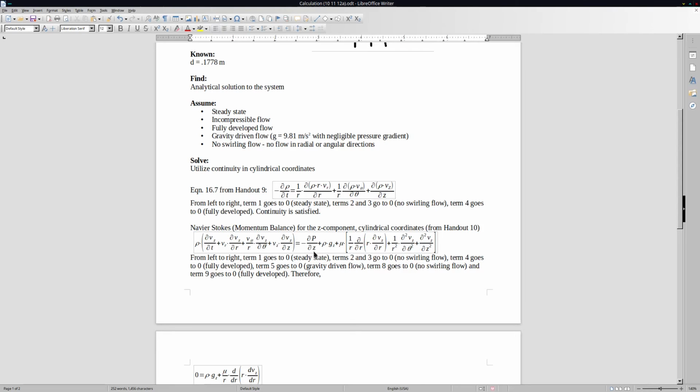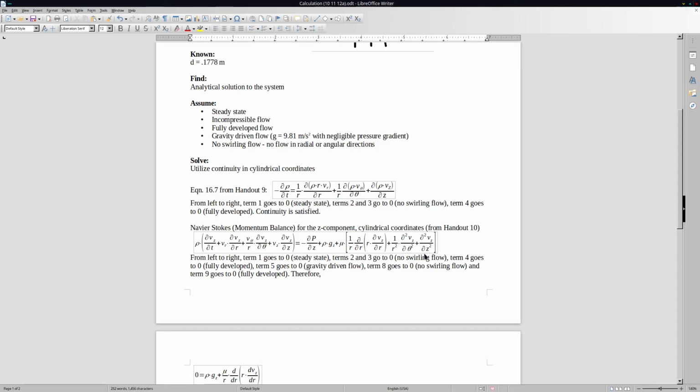Then we see this term here go to 0 because it's a gravity-driven flow. There's no pressure gradient, a negligible pressure gradient at least. This term will remain. This term is going to go to 0 because of our swirling flow assumption. So there's no theta variance.